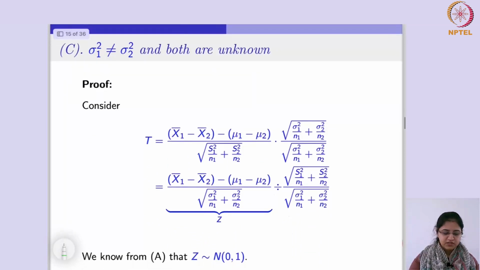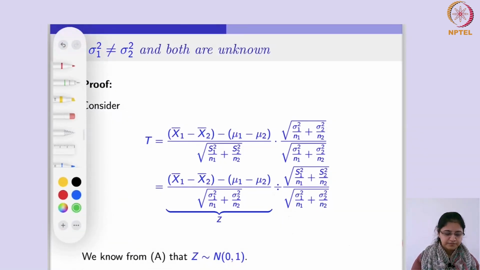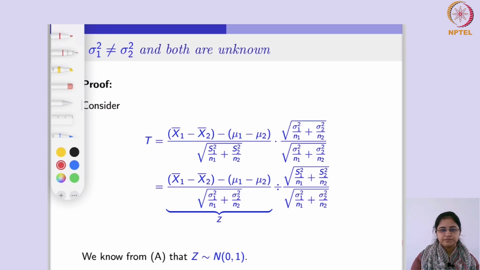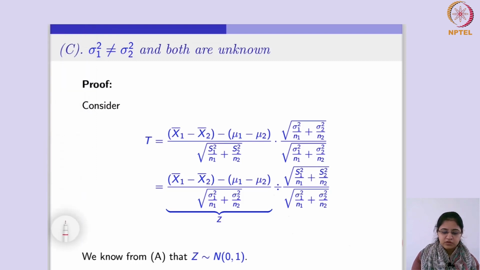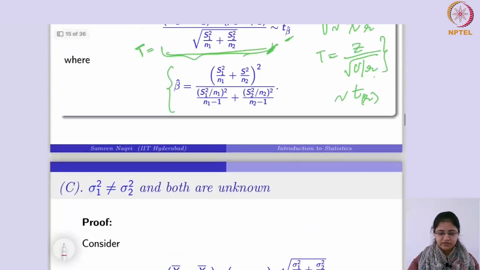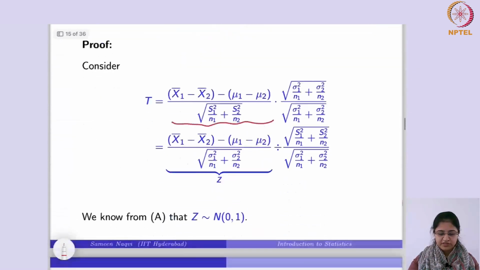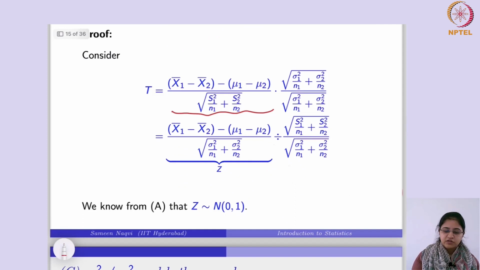So we begin with this t over here. Okay, so this is t. This is the same thing that we already have just now. We have seen this is the one that we are interested in, and you see over here we have multiplied and divided by the same quantity.